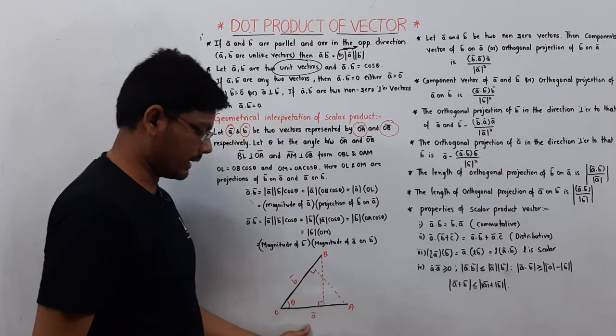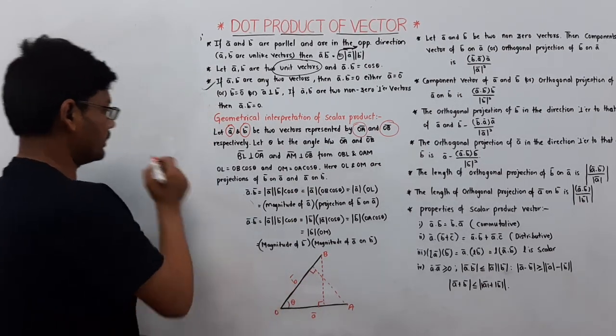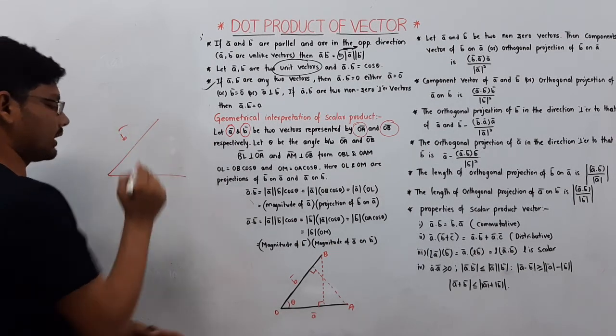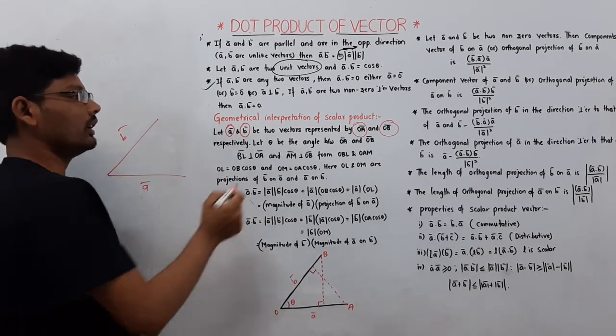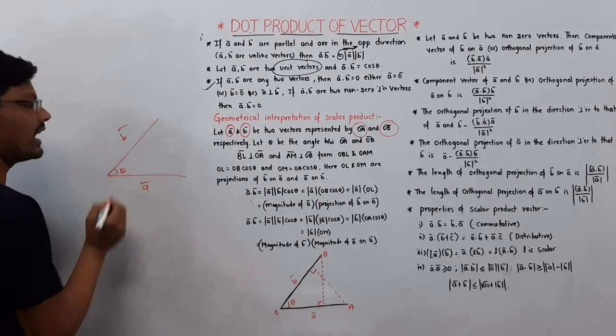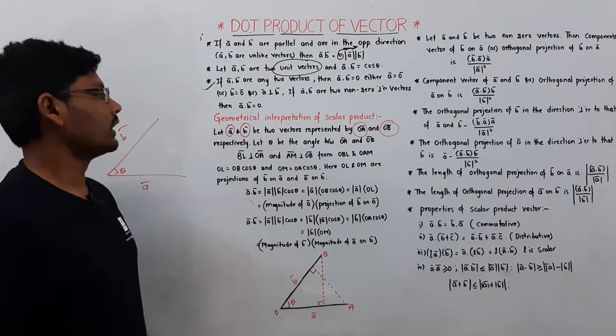OA bar is the A bar vector and OB bar is the B bar vector here. This is one vector and this is one more vector. Now let theta be the angle between OA bar and OB bar.